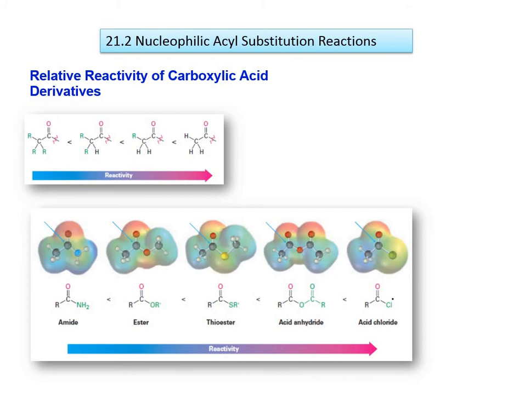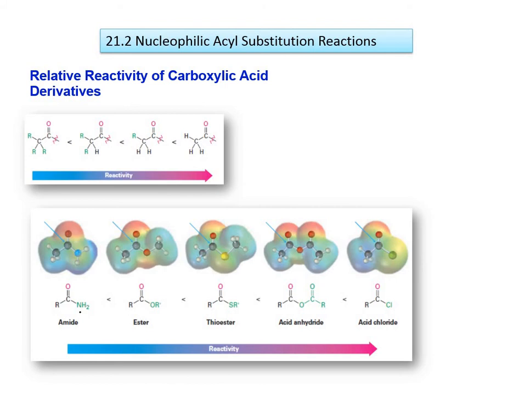Here, if you compare chlorine versus NH2, we remember that halides are deactivators. Why? Because their inductive effect predominates because they withdraw electrons. In nucleophilic acyl substitution reaction, since their inductive electron withdrawing ability is more than electron donating ability, this carbon will be much more polarized. It's going to be positively polarized more when we have an acid chloride.